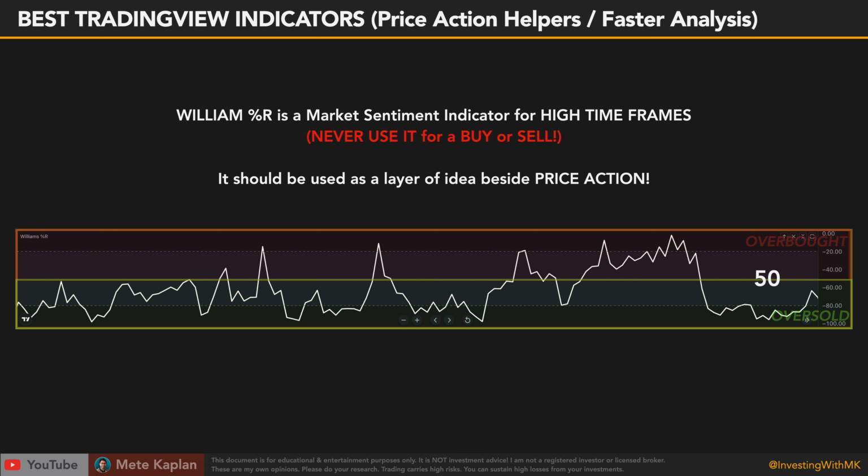If the price is extremely overbought and momentum starts to shift to discount area, we look for short trades. If the price is extremely oversold and momentum starts to shift to the premium area, then we look for long trades. This indicator is only for high time frames like daily. Other than that, it will be very noisy and unclear.